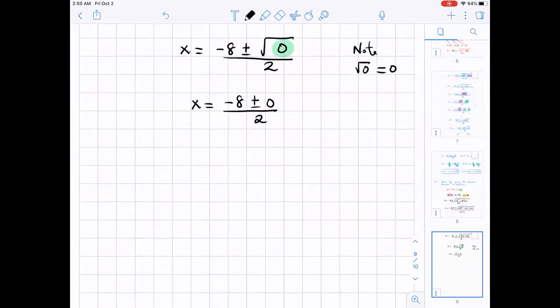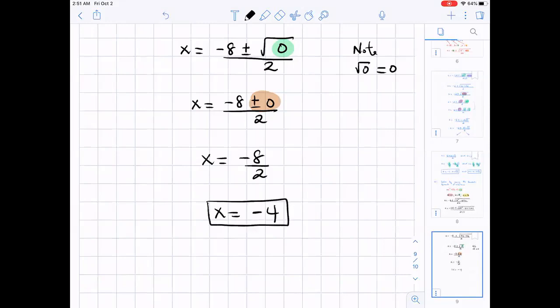We don't need to write plus or minus 0 because it doesn't have any value. So what we're left with is really x is equal to minus 8 over 2. So x happens to be equal to minus 4.